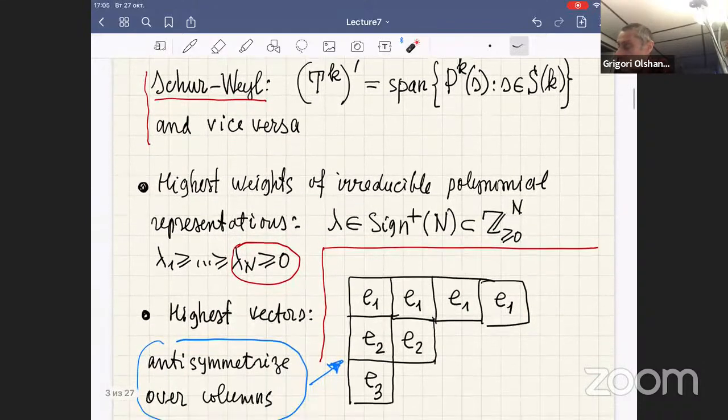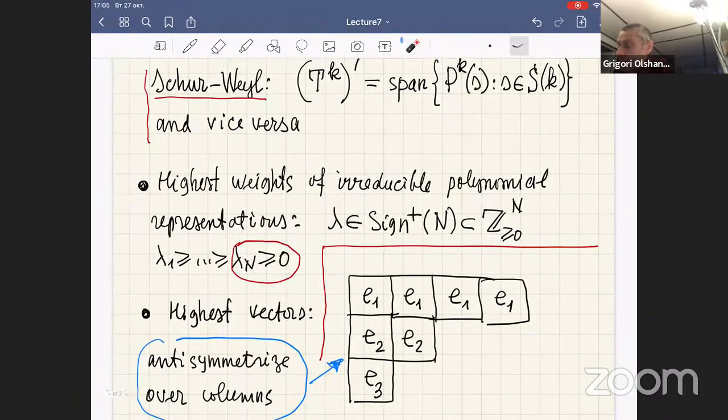And next I recall the construction of certain highest weight vectors of irreducible constituents of this tensor space. They are indexed by non-negative signatures. Non-negative just means that the coordinates are non-negative.